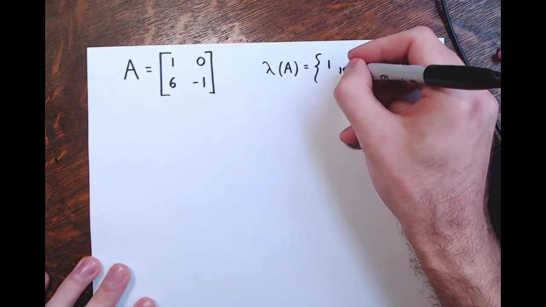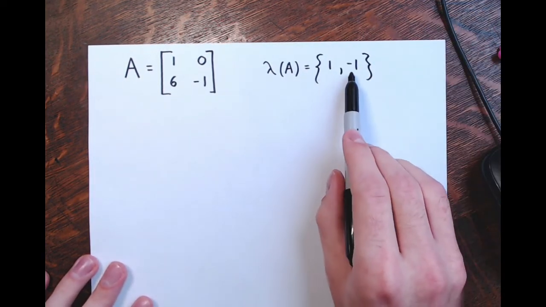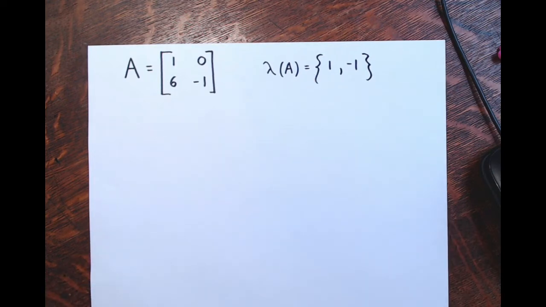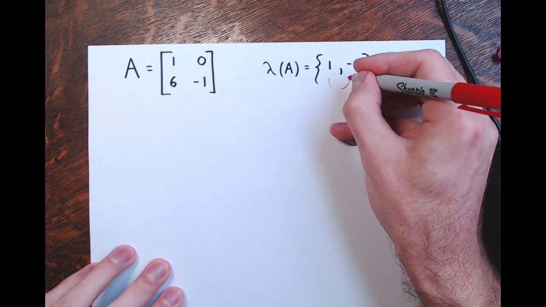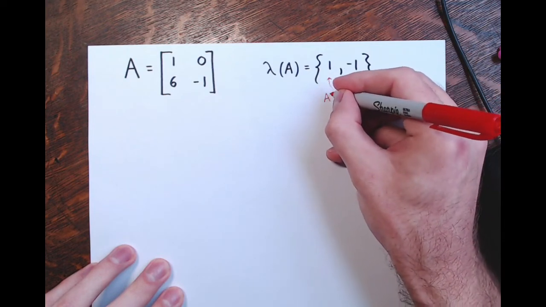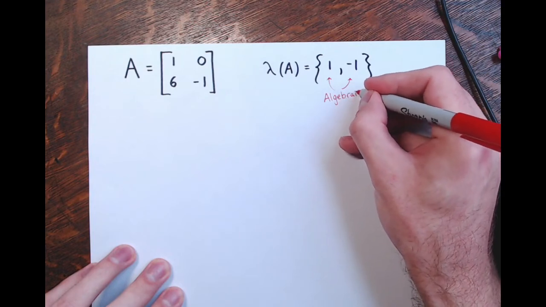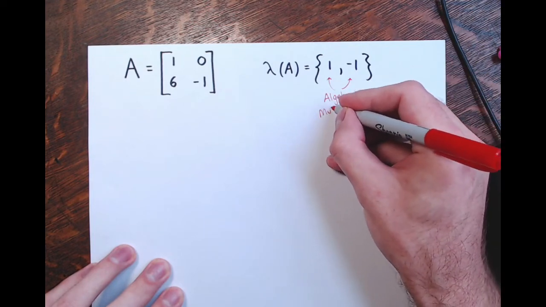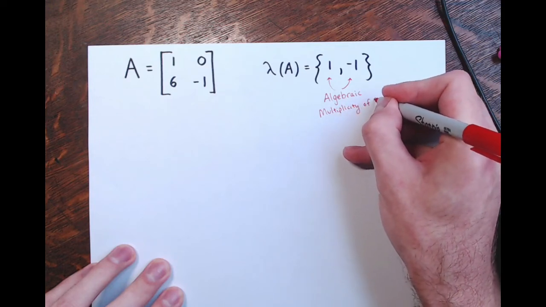They are 1 and -1. And they each have an algebraic multiplicity of 1. So I'll make a note of that. Each of these, 1 and -1, have an algebraic multiplicity of 1.